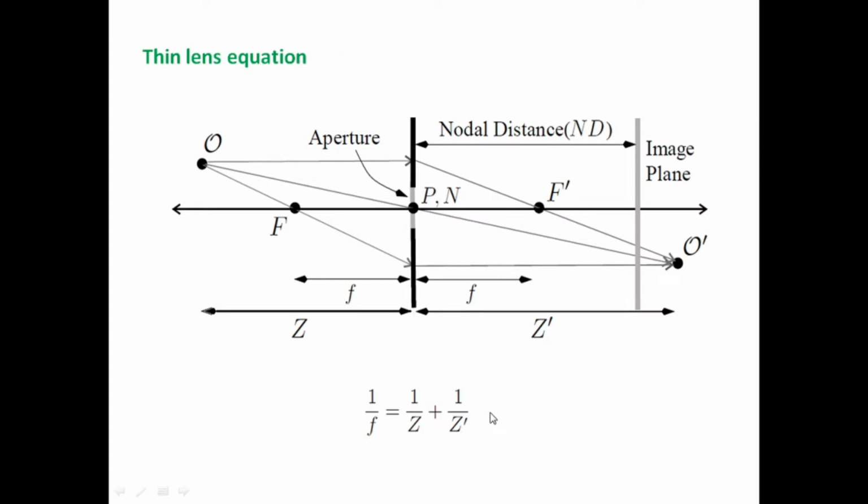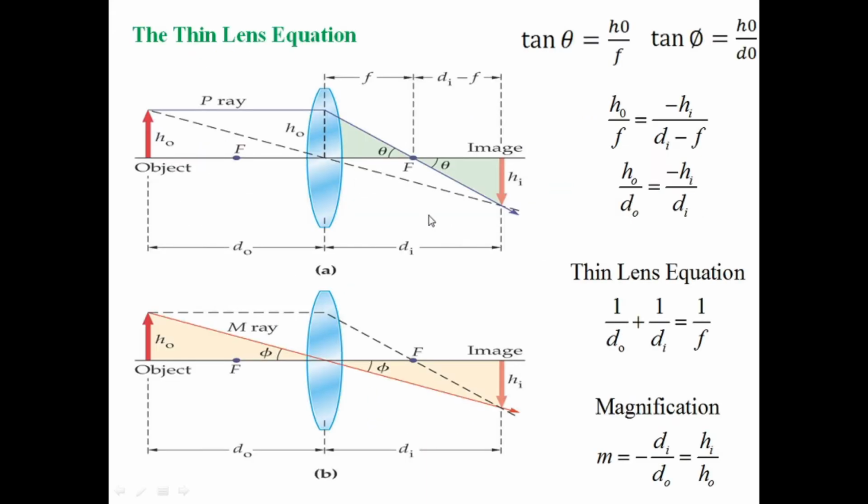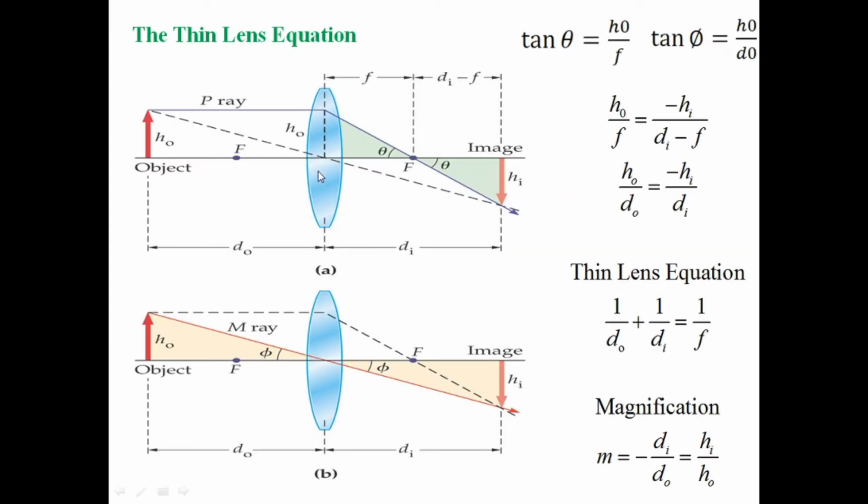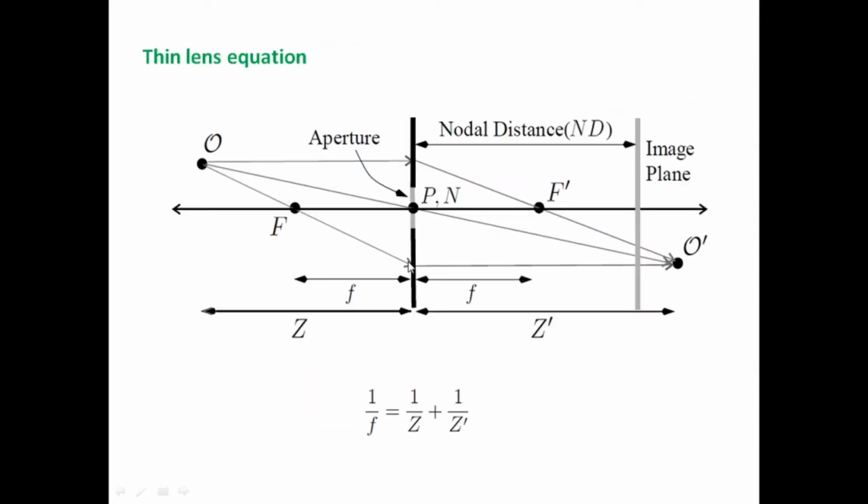So the next concept here is the thin lens equation. What is this thin lens equation? In the thin lens equation, we neglect the thickness. Here the same thing I have projected. This will be the lens of a camera, where I assume the thickness of the lens is negligible.